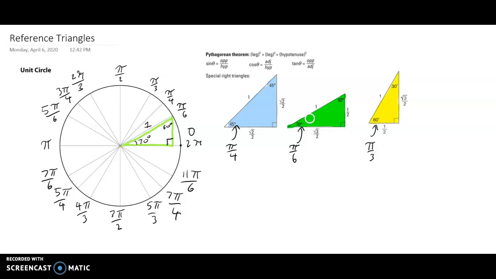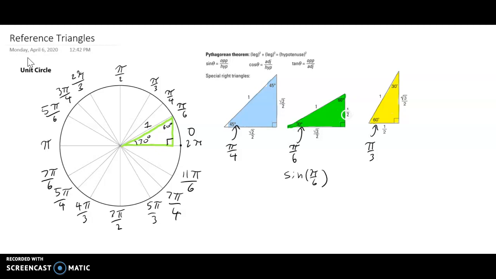And so if I know that the hypotenuse is 1 and I know these angles, I can use SOHCAHTOA. So for instance, let's say I wanted to find this opposite side right here. I could use the sine of pi over 6, which is this angle right here, this 30-degree angle, has to be equal to the opposite side over the hypotenuse.